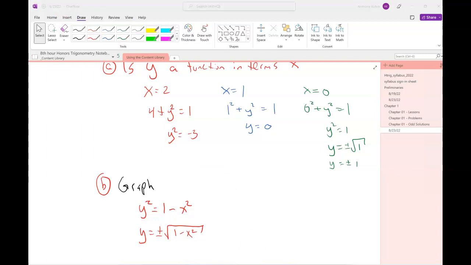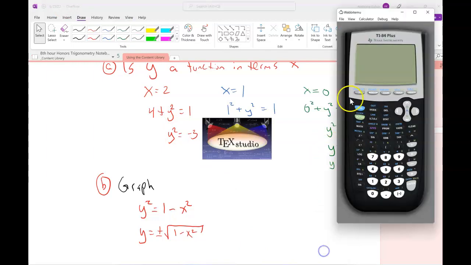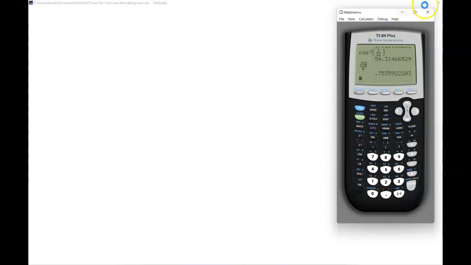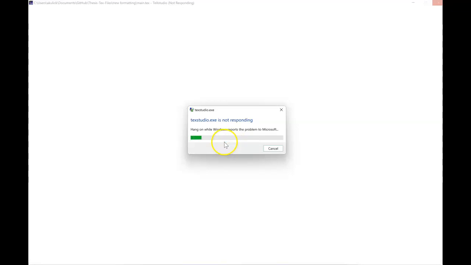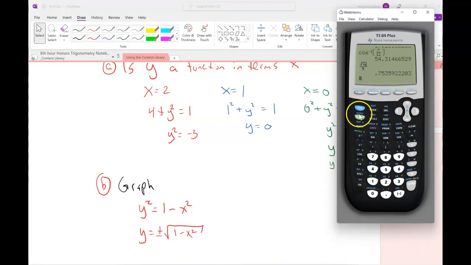So what we would just want to do, oops, I pressed the wrong thing there. That's a bummer. Sorry, I opened this big program that's going to close. Okay.